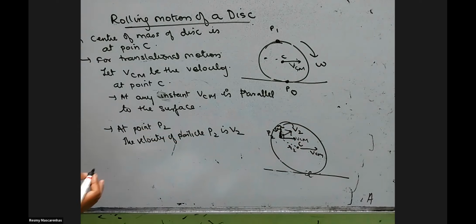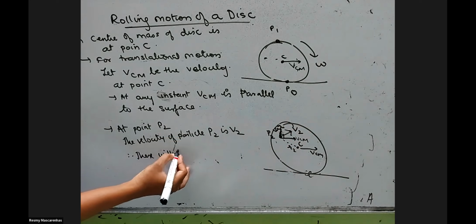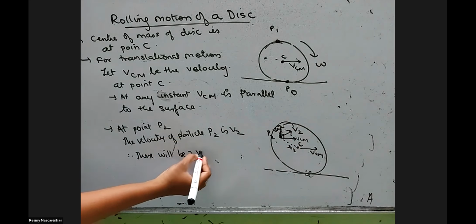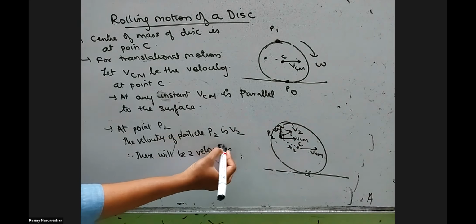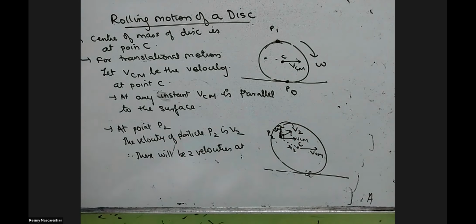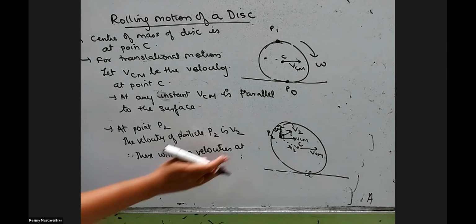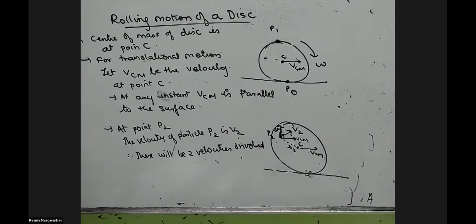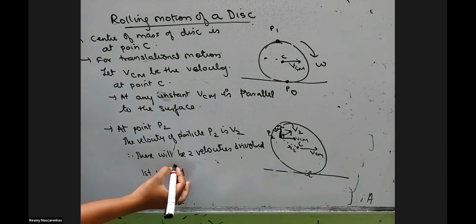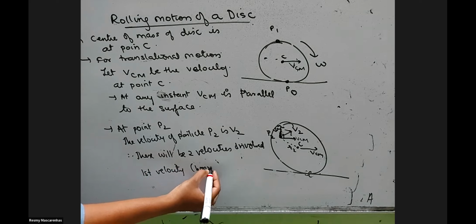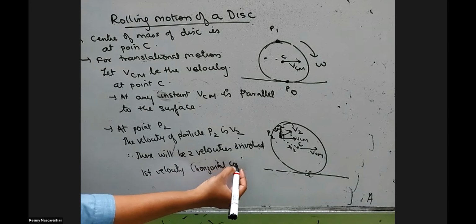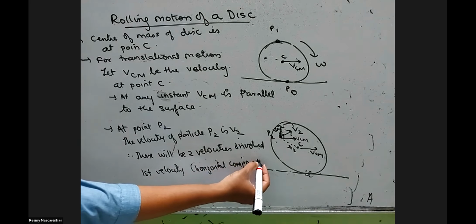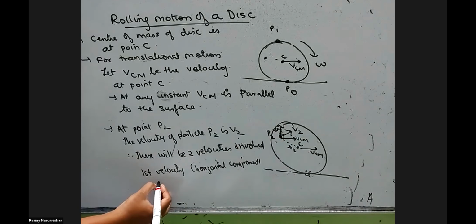So there will be two velocities involved. The first velocity is the horizontal component. What is the horizontal component? Vcm.